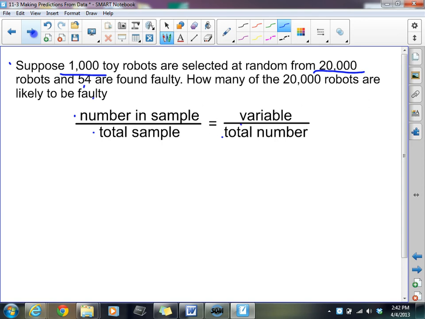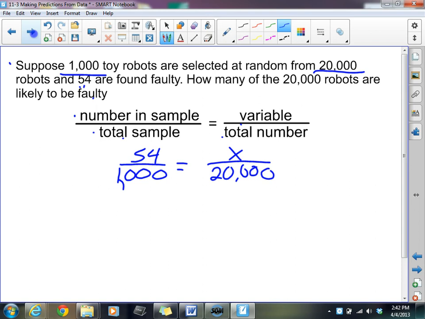So that's my variable. It's going to go like this: 54, that's my number. My total sample is 1,000, and that is going to equal my total number of robots, 20,000, and my variable, I'll put x. So ladies and gentlemen, this is my proportion.